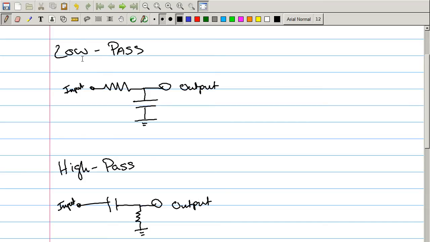Now remember that a low pass will pass a frequency less than or equal to the cutoff frequency, and a high pass will pass any frequency greater than the cutoff frequency. So remember the difference. Okay.